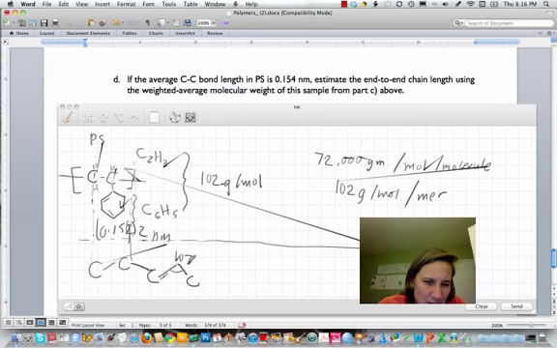So that this length right here from this mer to the next mer is not actually 0.154 times 2, but actually, let's call this angle half of 107. Let's just call it 54 degrees. And so this length right here would be the sine of 54 degrees times this 0.154 nanometers.